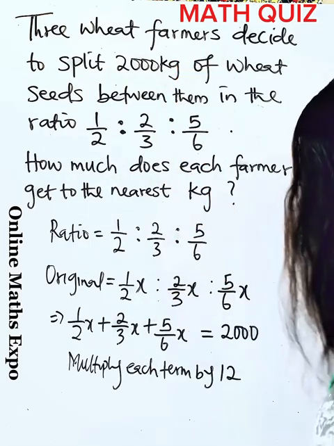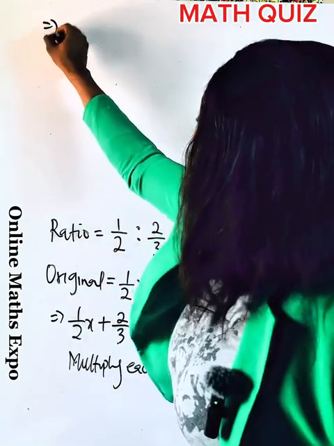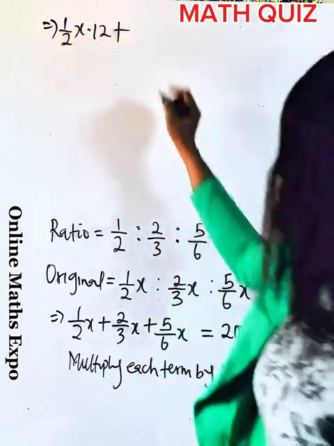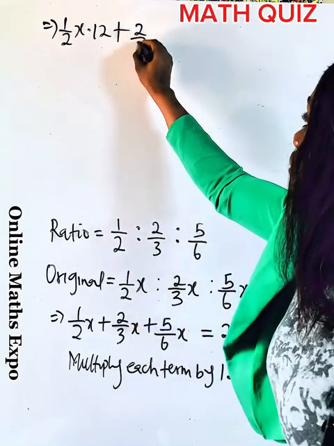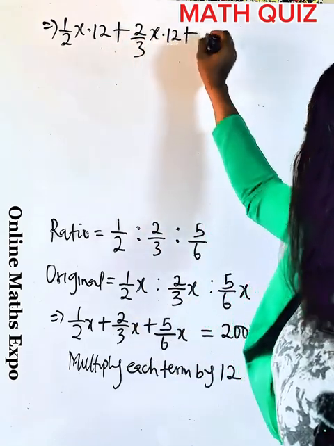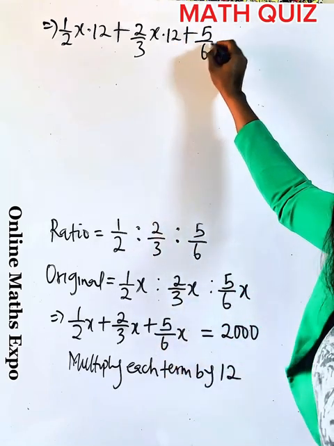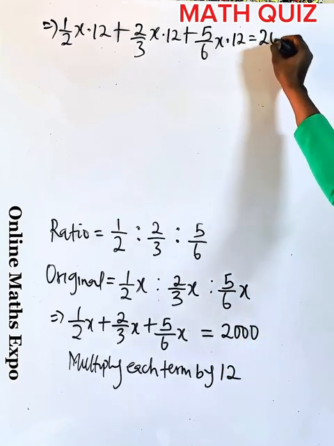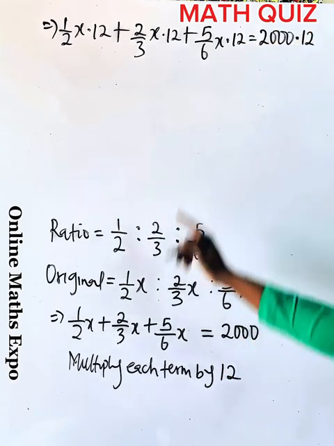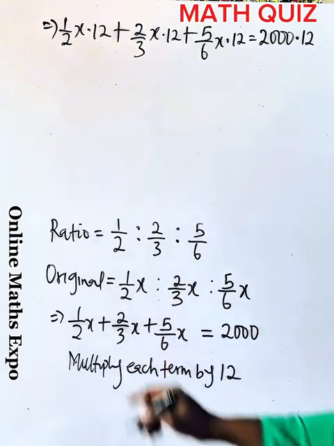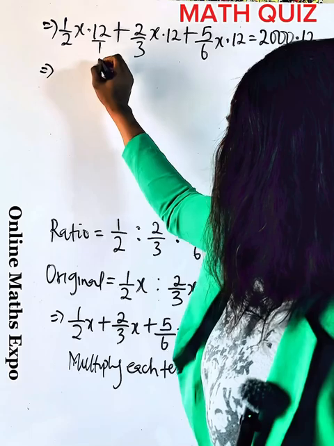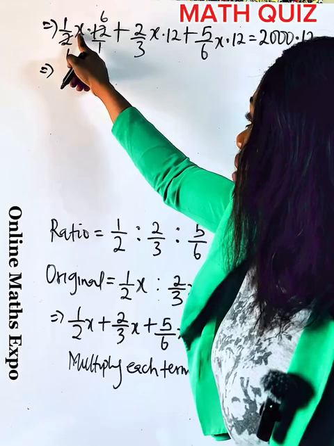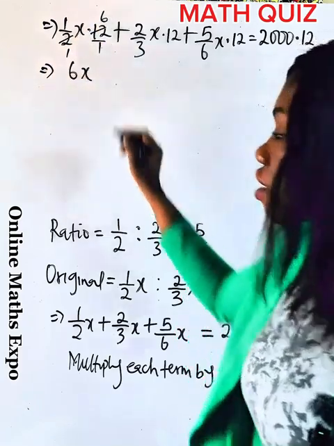So we multiply this by 12, plus this by 12, plus this by 12, and is equal to 2,000 multiplied by 12. You are doing this to clear the denominator. So if you simplify, this is over 1. 2 here is 1, 2 here will give us 6, and 1 times x is x. X times 6 gives us 6x.